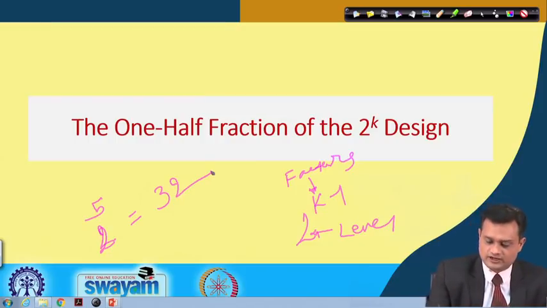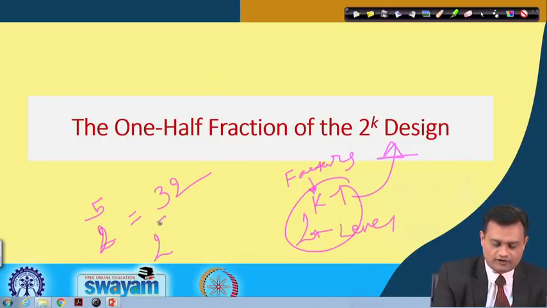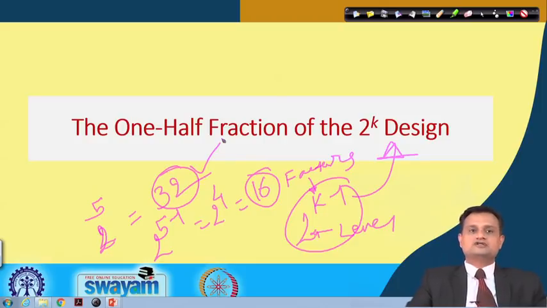Now if I say 2 raised to k minus 1, which refers to a 1/2 fractional factorial design, so 2 raised to 5 minus 1 is equal to 2 raised to 4, which is 16. This is exactly half of 32, and that is why it is called a 1/2 fraction of the 2 raised to k design.